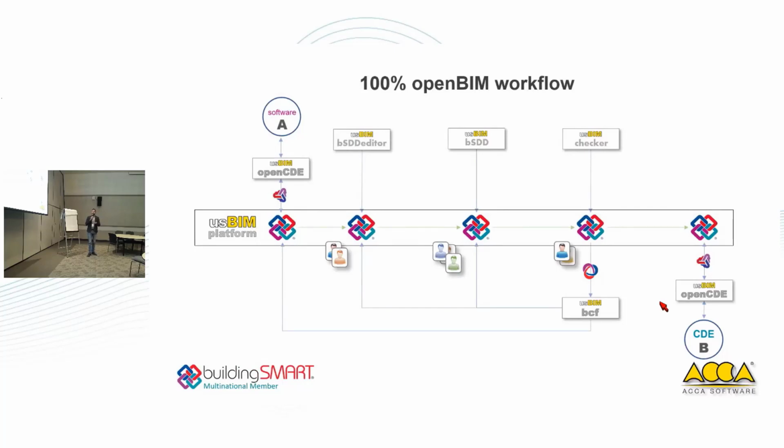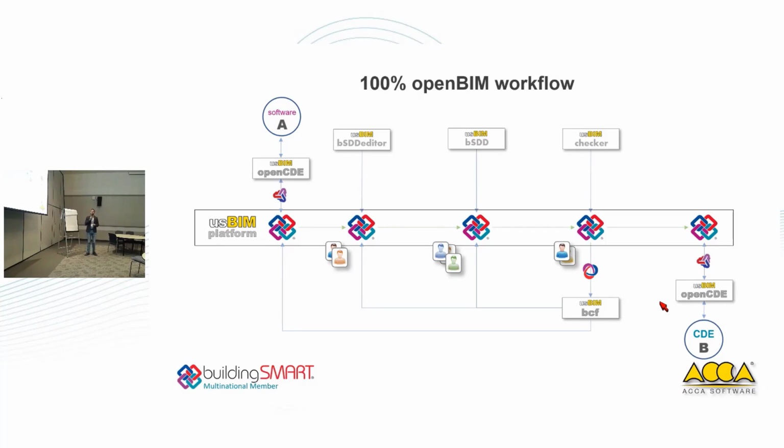For doing so, we will use, as I said, a 100% open BIM workflow, which means that from start to end we will only use open standards. And why do we do so? Because you can take any of the tools that we will show and substitute it with another. That's no problem. That's the benefit of the open standards. You can add other tools in between, and at any point, of course, different actors may be involved.